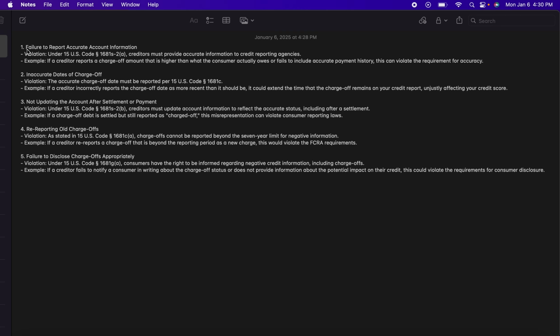I want to provide what the actual violation is, the violation under the specific code that it's under, and then an example of it. So if a creditor reports a charge-off amount that is higher than what the consumer actually owes or fails to include accurate payment history, this can violate the requirement for accuracy, right? So it has to be 100% accurate.